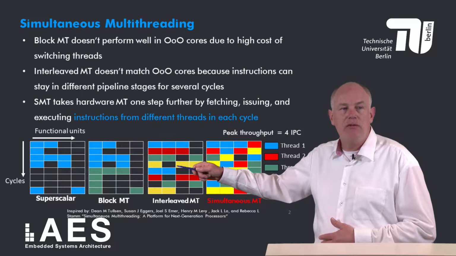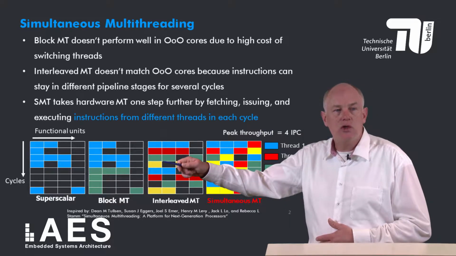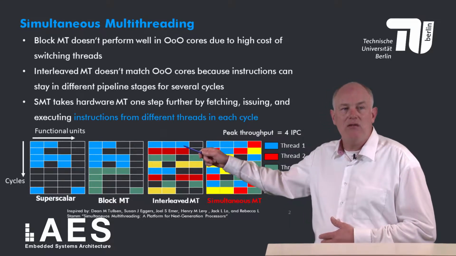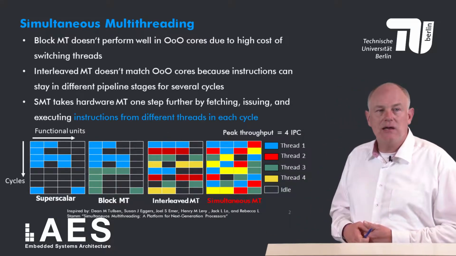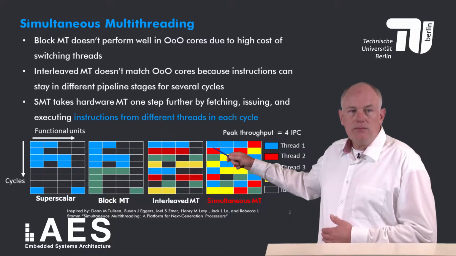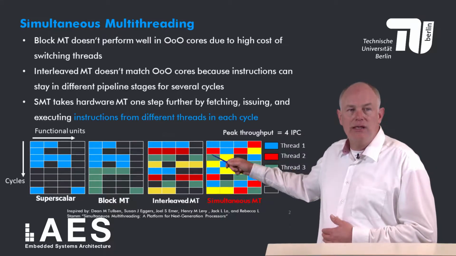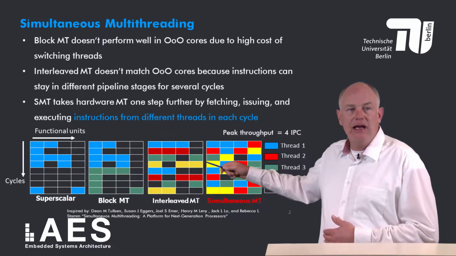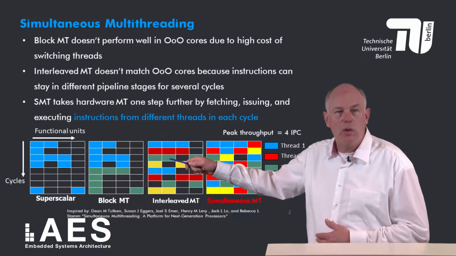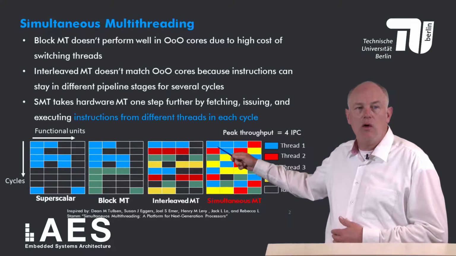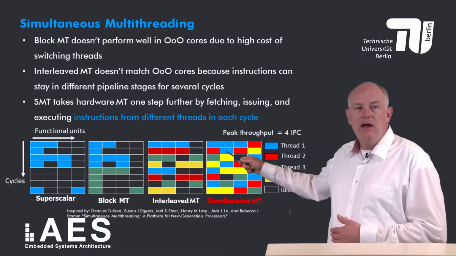It fills some of the vertical stall cycles, but it doesn't get rid of the horizontal wasted cycles. Interleaved multithreading looks like this. Again, it tries to reduce the vertical stall cycles, the vertical waste. It doesn't get rid of the horizontal waste.